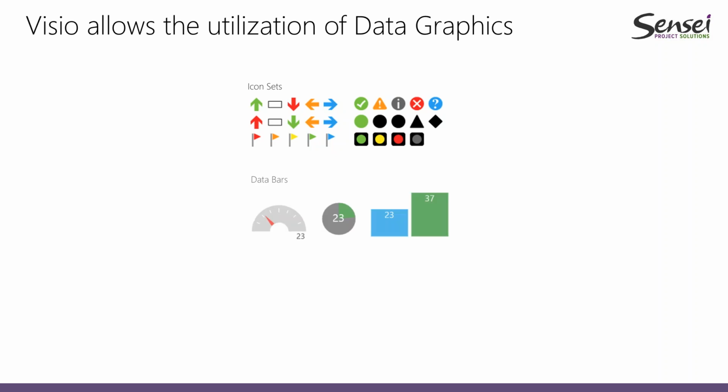We could use things such as data bars. So if we have things such as progress that we would like to track, we can put this together. We have some text callouts that we can use as well, which are part of the data graphics and visualizations that are available in Visio.